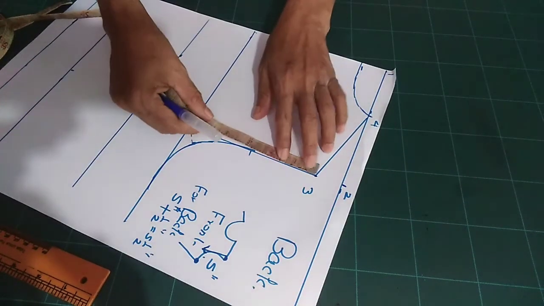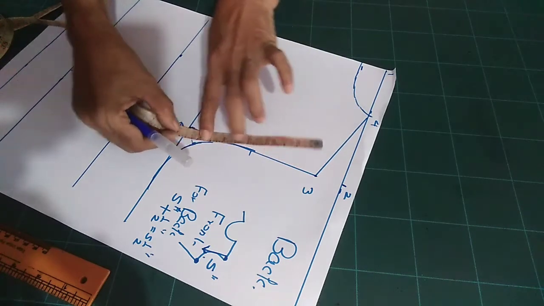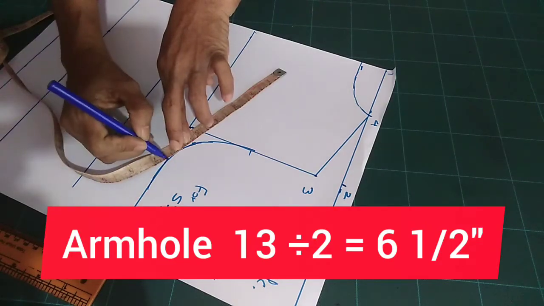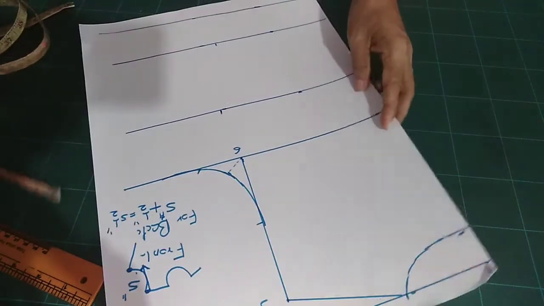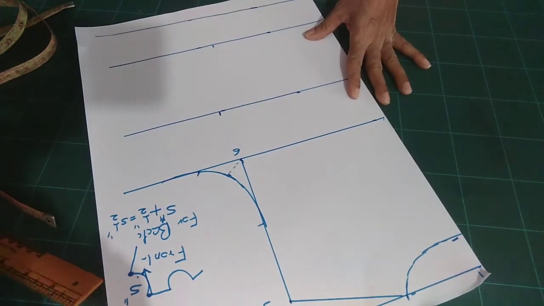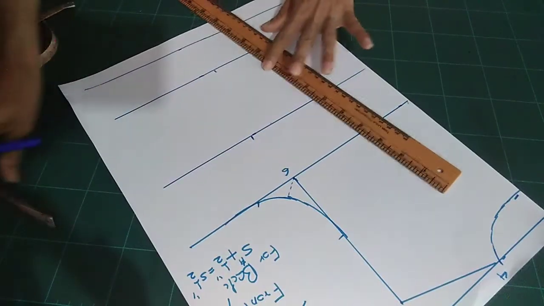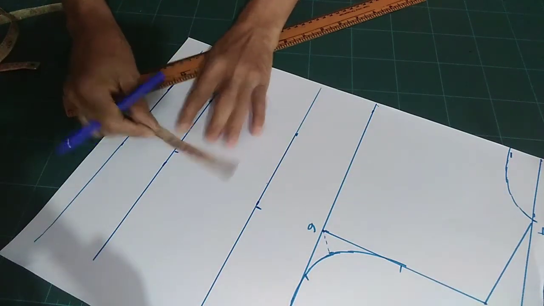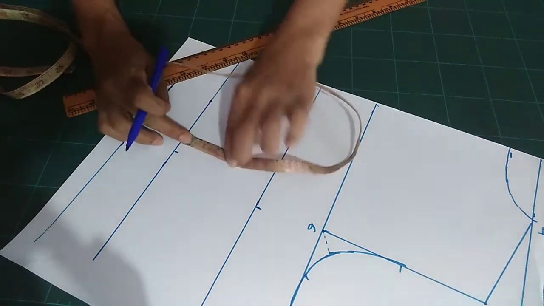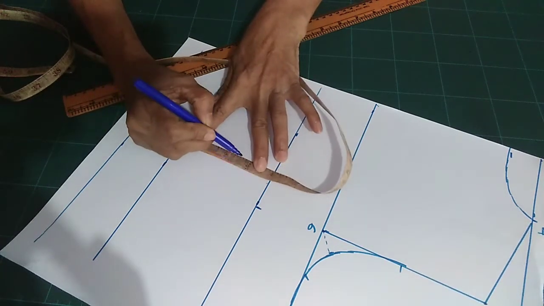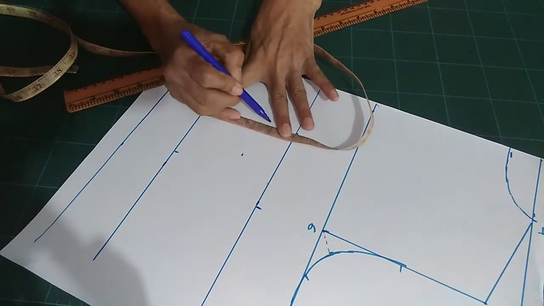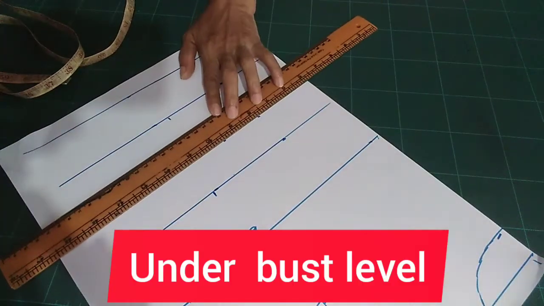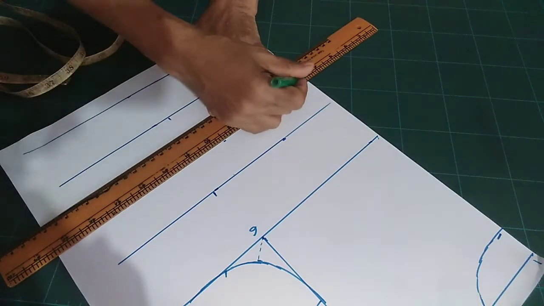Armhole circumference 13 inches divided by 2 is equal to 6.5 inches. Okay. I measure 2.5 inches like this from this line, 2.5 inches, close to under bust.